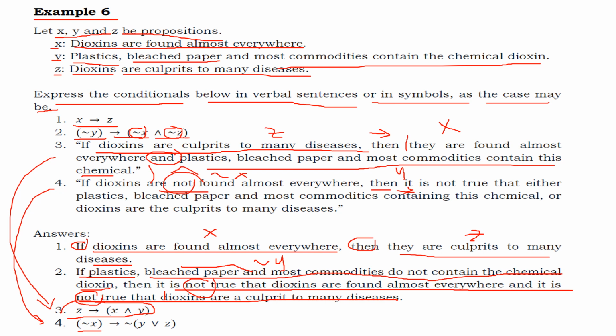Then "it is not true" is again a negation, which is why there is a negation over the disjunction of Y and Z. There's an "or" to represent your disjunction.